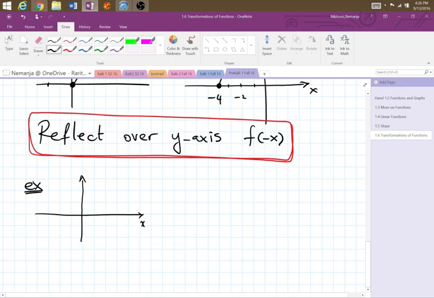So we can't pick that, but we can pick a good old square root function.